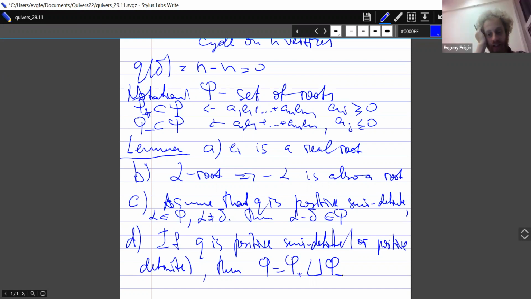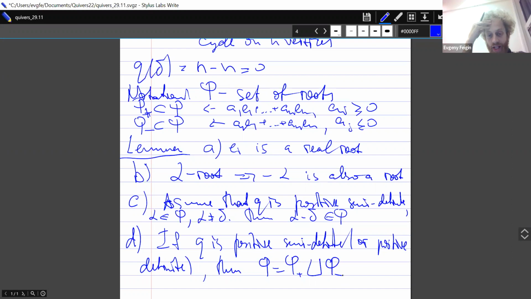So I think those of you who passed some course on simple Lie algebras have somehow seen such a situation. Those roots also show up in the Lie theory, and we are used to the claim that any root is either positive or negative.